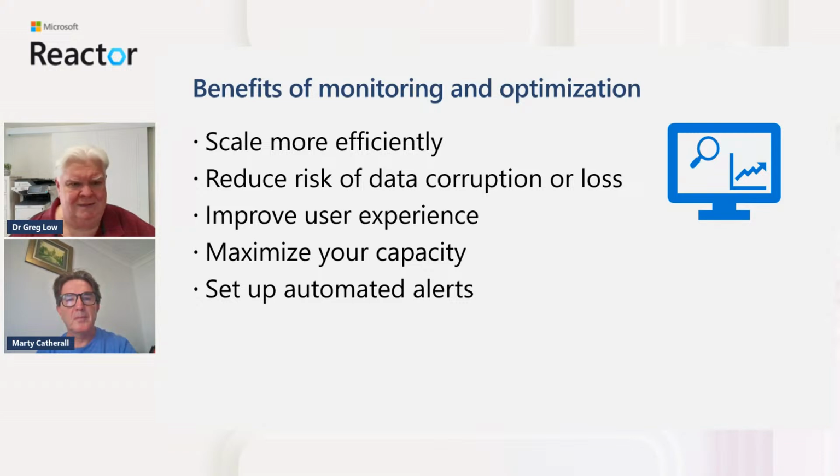Another one is, they mentioned here, risk of data corruption or loss. Mostly what that's about is that any time you're moving the data around, you need to make sure that it's happening appropriately. And so for me, that means a lot of things. For a start, you're not changing the data inappropriately. You see where people corrupt data as they're working with it, not because the product corrupted it, but because they've done something wrong in the transformations as it goes across.